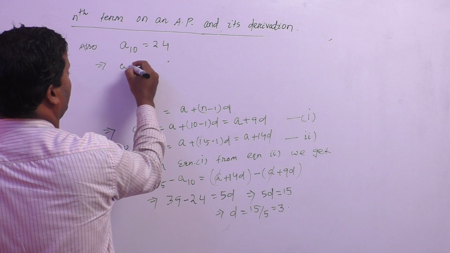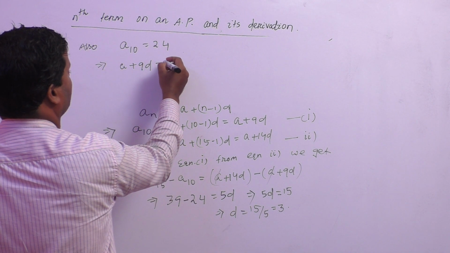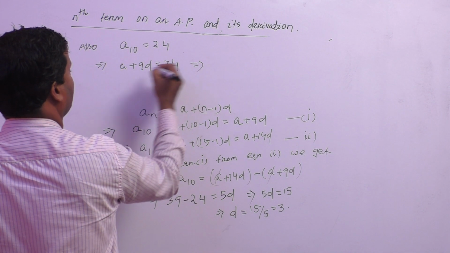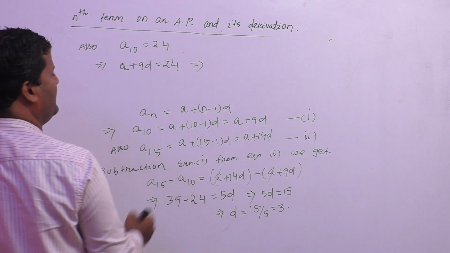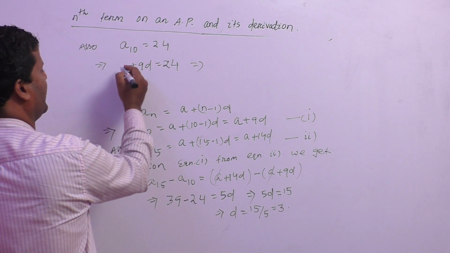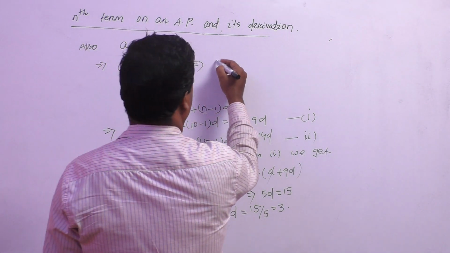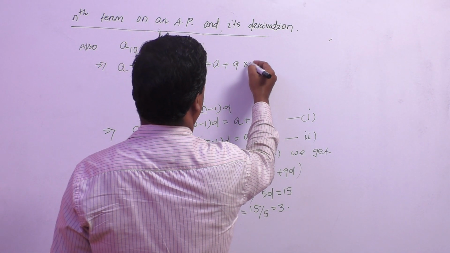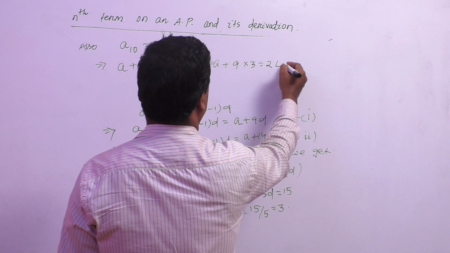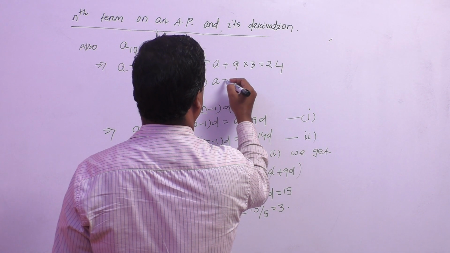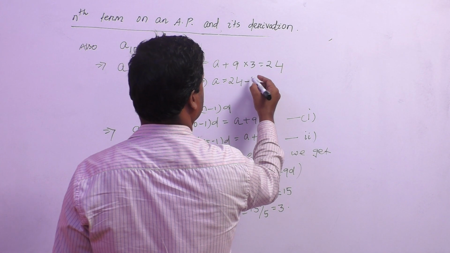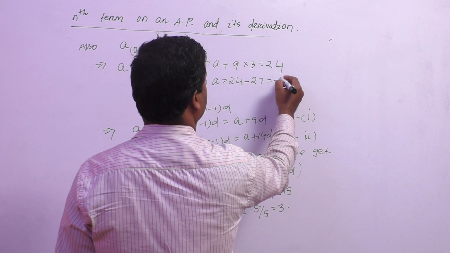Implies that a plus 9d is equal to 24. As we have already got the value of d, putting the value of d, we get a plus 9 into 3 is equal to 24. That means a equal to 24 minus 27, which is minus 3.